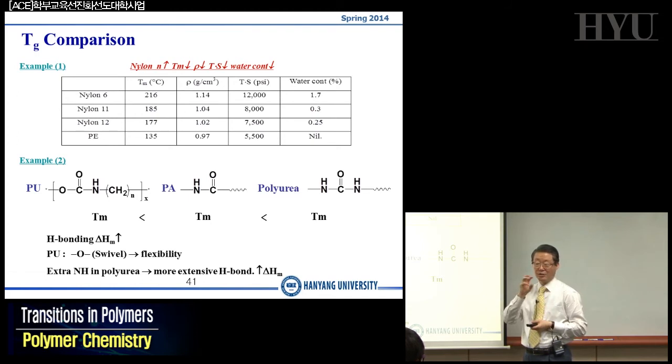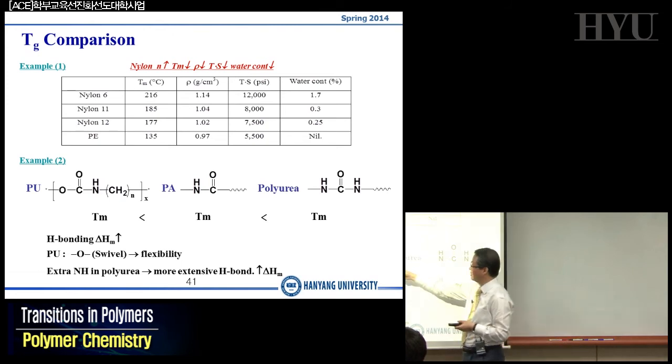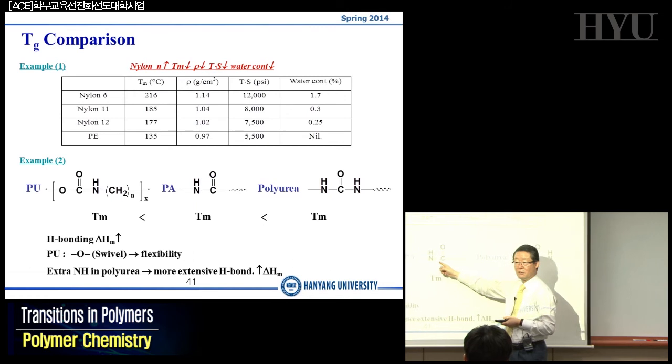If you have an ester group, it should be 1735. But if you have hydrogen bonding, then it moves to a lower frequency region, which is 1650. This is 1550.